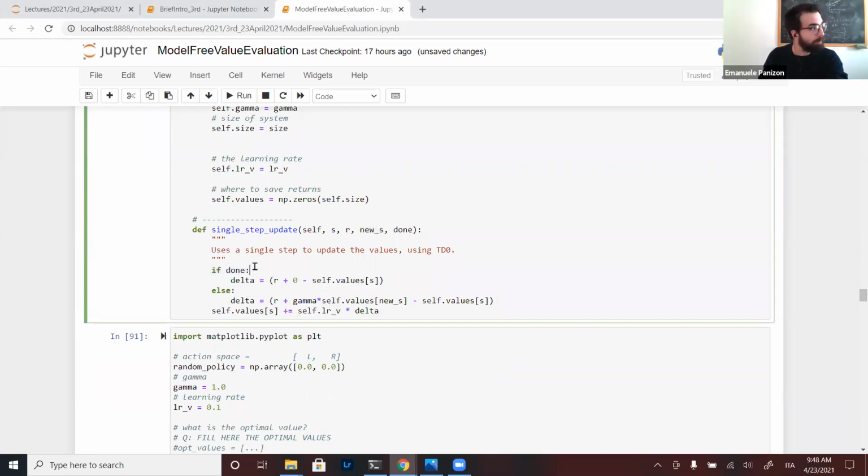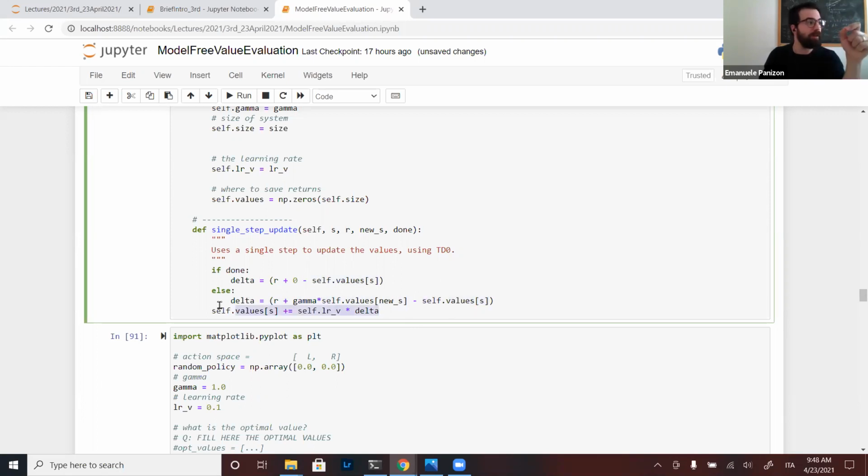If I am done, so the episode is finished, the delta is equal to reward plus 0, because I'm in a terminal state, minus the value I have in that state. If I'm not done, the delta is the reward plus gamma multiplied by the value in the new state minus the value in the state I'm in.